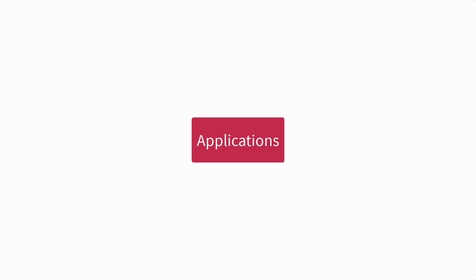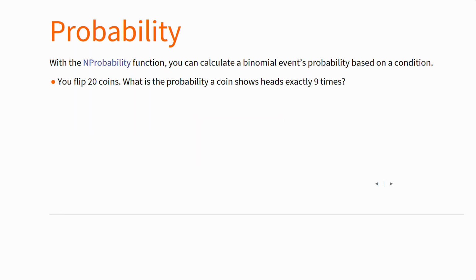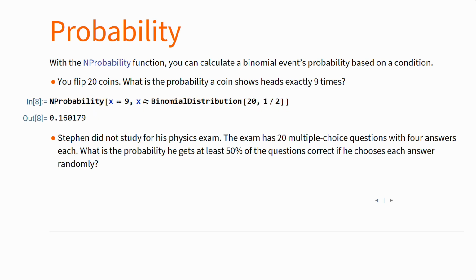Now it's finally time to use the binomial. Let's say you flip 20 fair coins. What's the probability you get exactly 9 heads and so 11 tails? Just take the numerical probability at 9 of 20 coins at probability 1 over 2, and you get the answer.